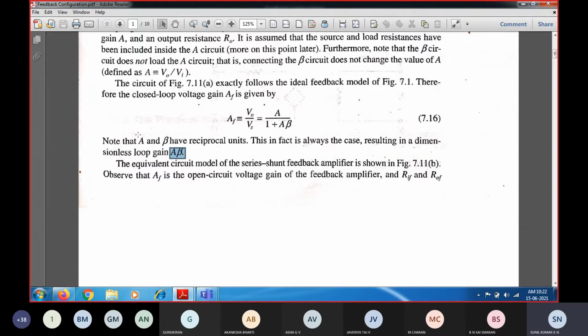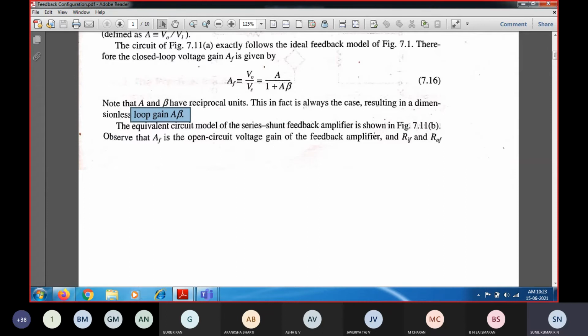Even if A is a voltage amplifier with a voltage signal, beta is also a voltage signal, so they result in a dimensionless loop gain. The loop gain will always be dimensionless because A and beta are reciprocal units: A is a gain, beta is also a gain, voltage by voltage or current by current, so the loop gain is a dimensionless quantity.